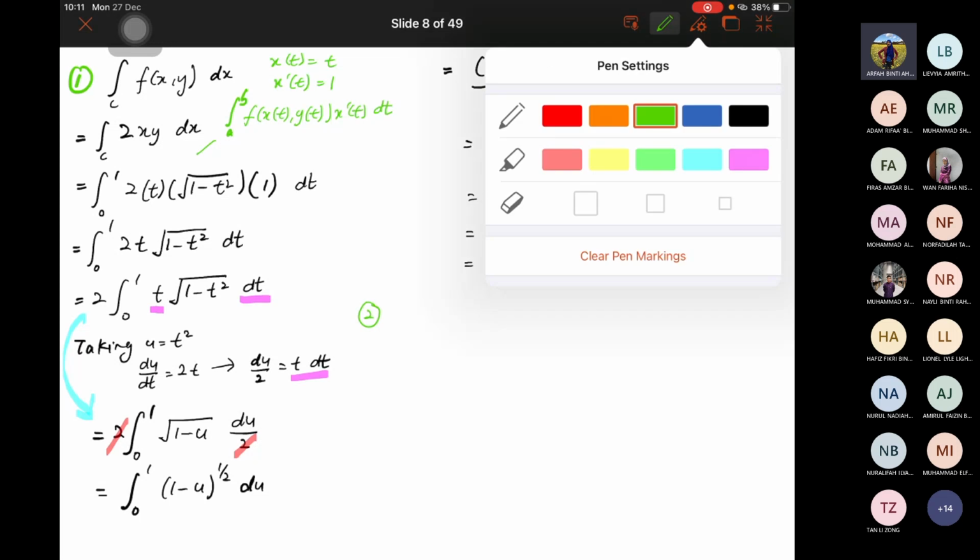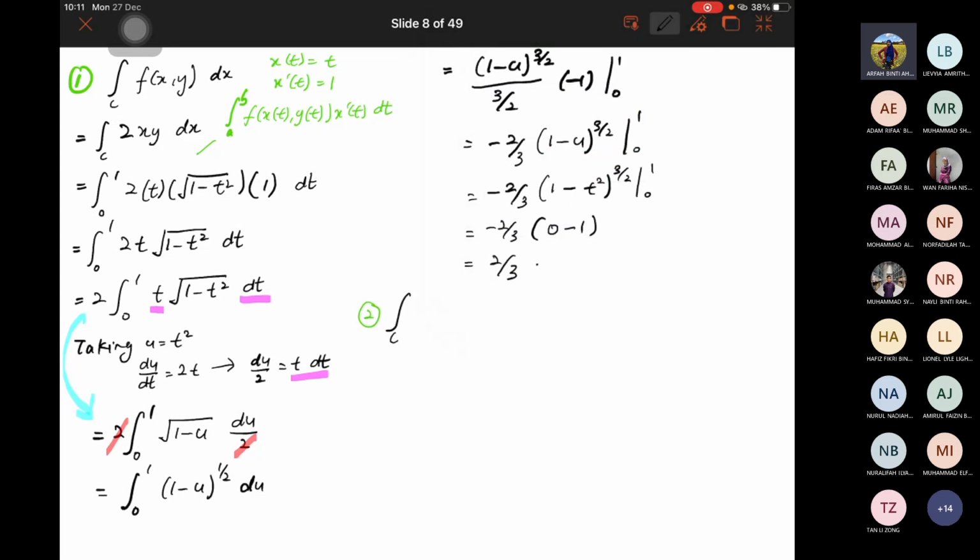So the second part, integration over the curve C, g(x, y) dy. So integration over the curve C, x squared plus y squared dy. It will be integration from 0 to 1, t kuasa 2 plus square root 1 tolak t squared kuasa 2.